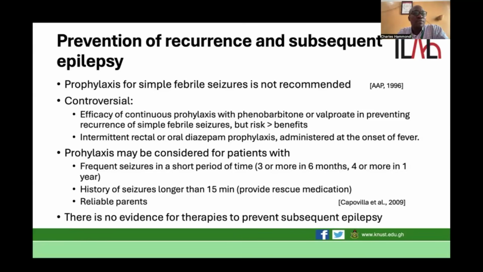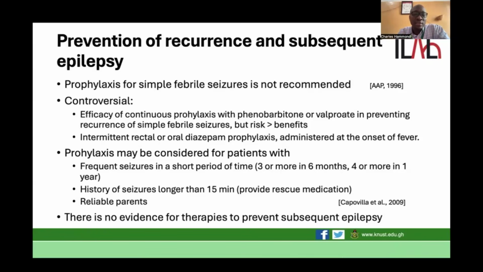Again, for patients who have a history of prolonged febrile seizures, seizures that are lasting more than 15 minutes, we need to provide them with rescue medication. But again, it's important to know that you can only do this if the parents are reliable, because giving benzodiazepines to a parent who is not reliable could be quite a dangerous tool at home.